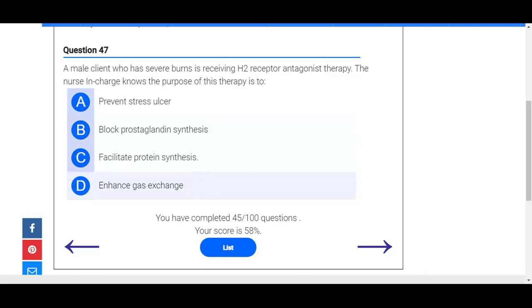Honestly, I don't really know. But I used to take an H2 receptor antagonist because I used to have gastritis. So I want to know the mechanism of action of an H2 receptor antagonist.